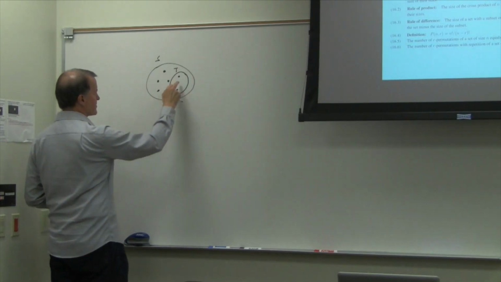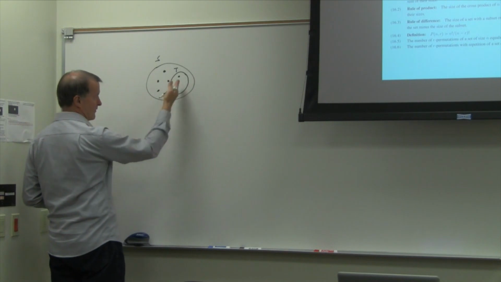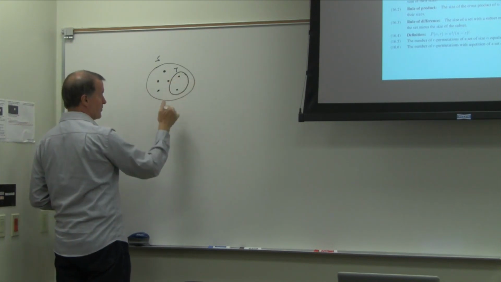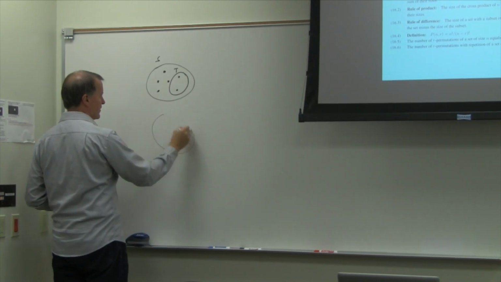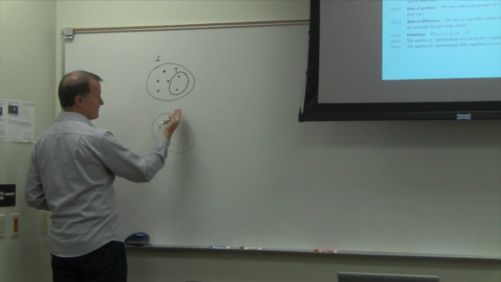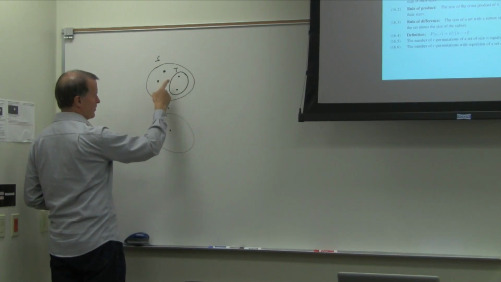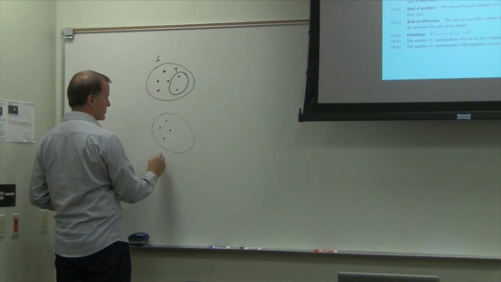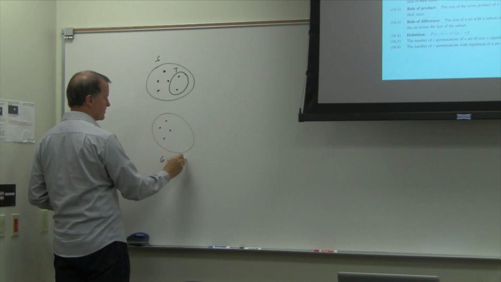So if that subset is removed, what we're left with are these points. 1, 2, 3, 4, 5, 6 points in S, minus 2, so 6 minus 2 is 4.